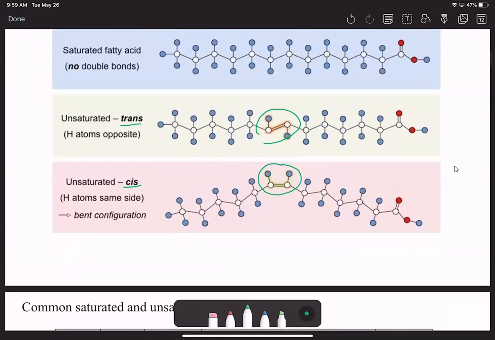So unsaturated fatty acids, even though they're unsaturated, trans fatty acids can still stack together very nicely.